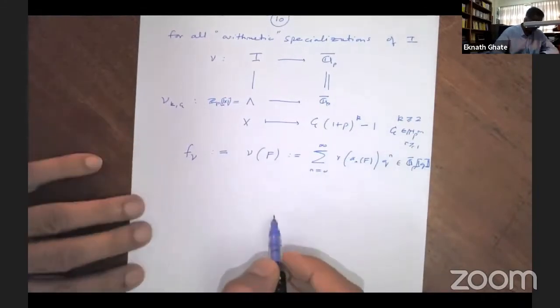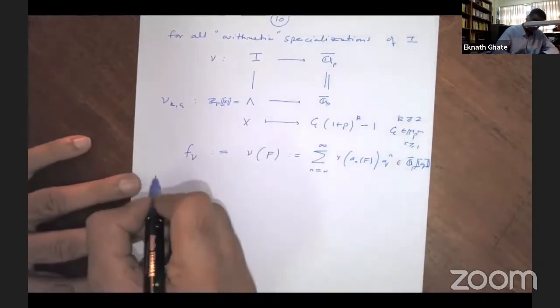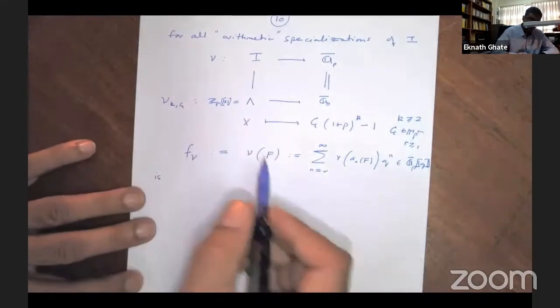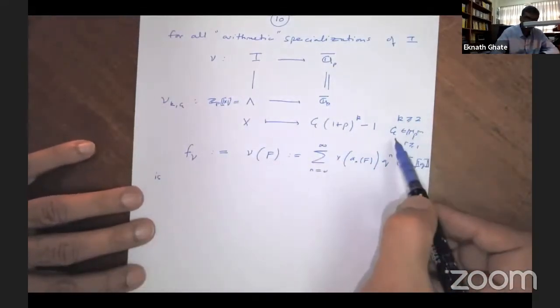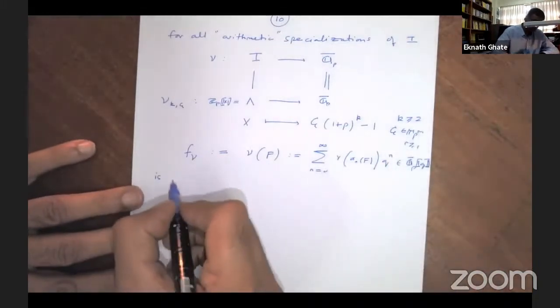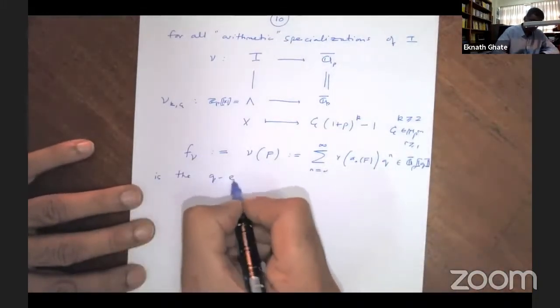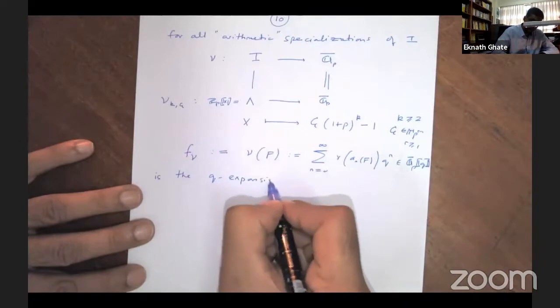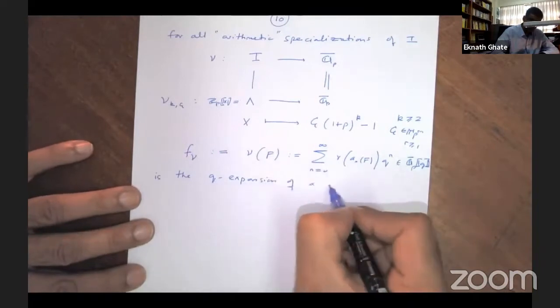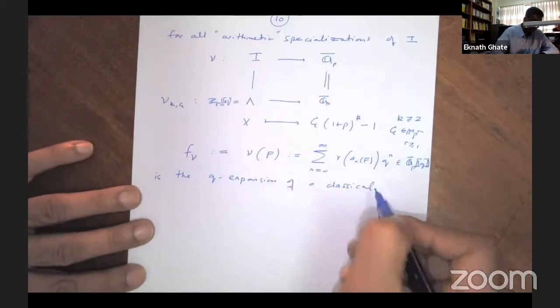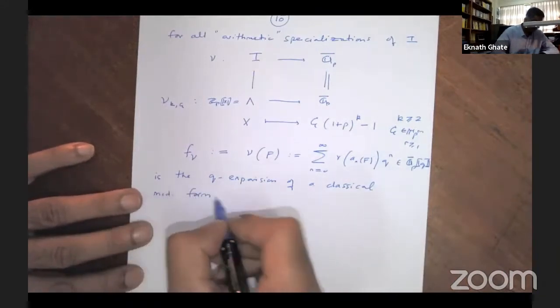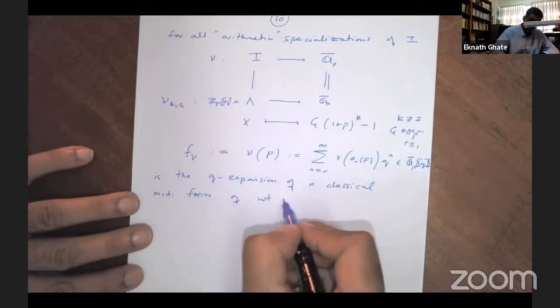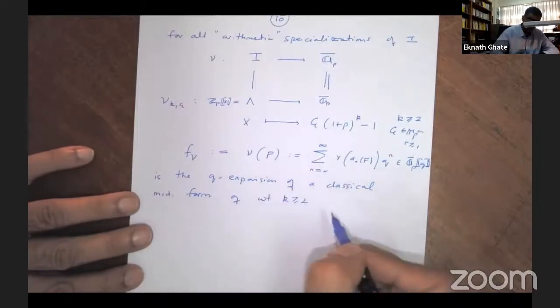So these things, and there are infinitely many of them, because for each k greater than 2 and each zeta, a p power root of unity, there's a two-parameter family for weight k and weight zeta, is the q-expansion of a classical modular form of weight k greater than 2.